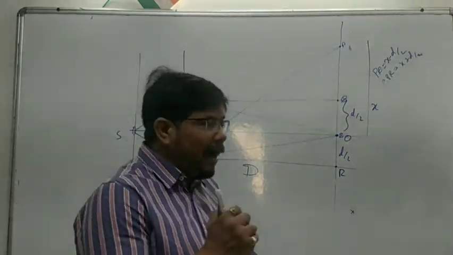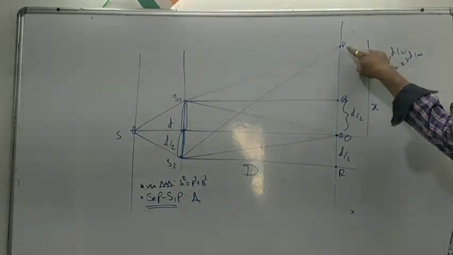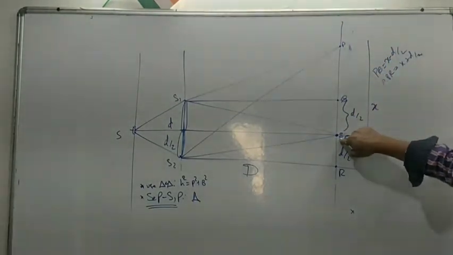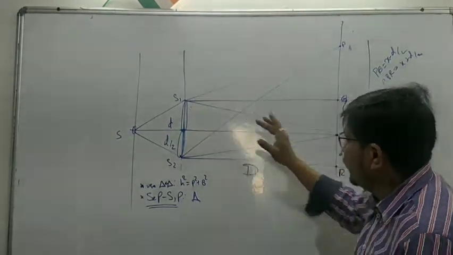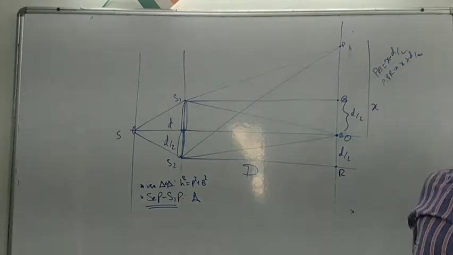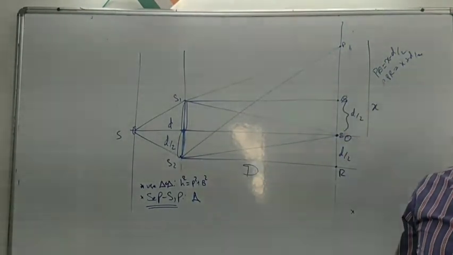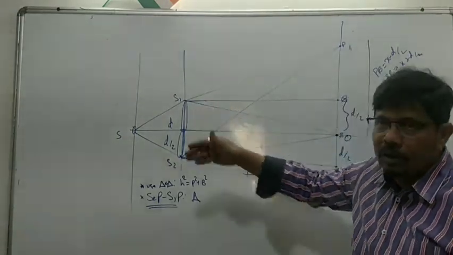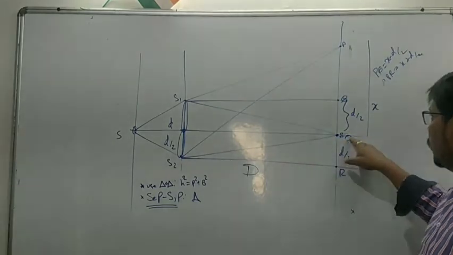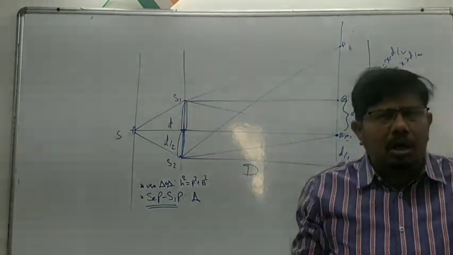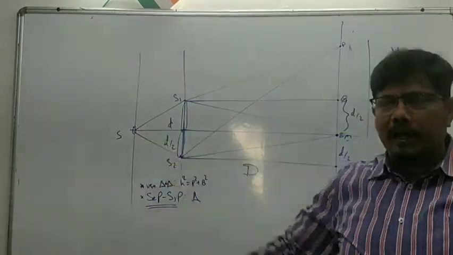One more thing to keep in mind: this distance is very much smaller than that distance. This distance is up to 1 meter or 100 centimeter, and the other distance is in millimeters. So it would be equal to the central distance, because the small distance is negligible, since the other is too large.